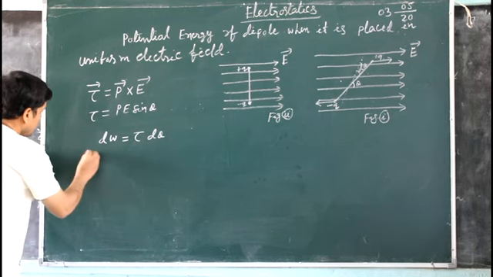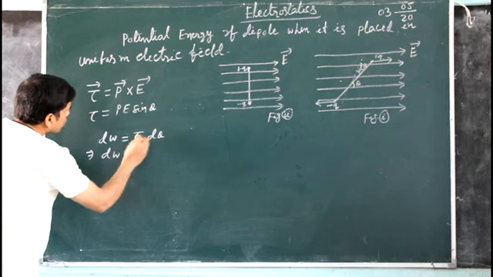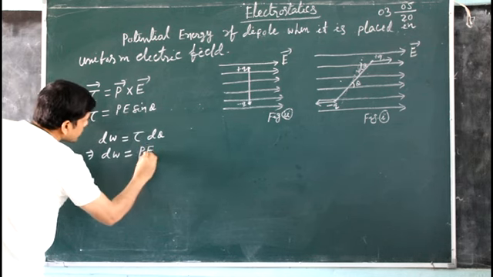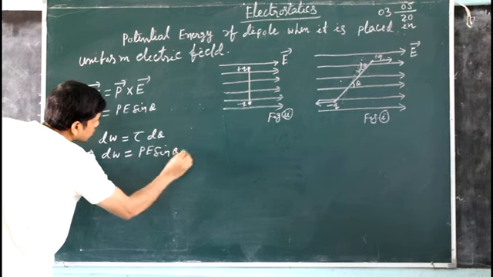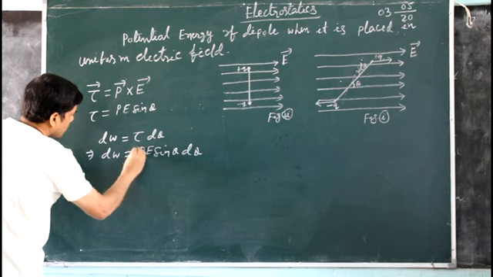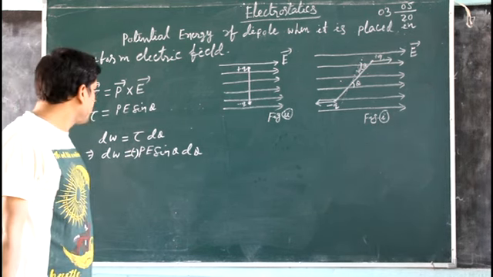So dW equals tau d theta, and in place of tau we put the expression PE sin theta. Here we have taken a minus sign. Why the minus sign?